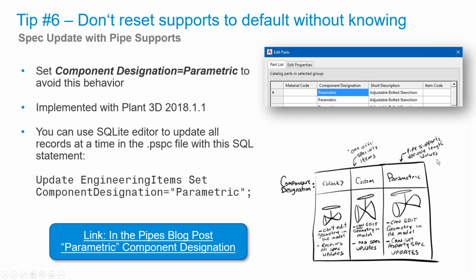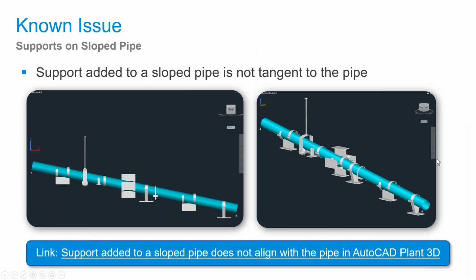And the other tip here we wanted to mention is more of a known issue. When you're adding pipe supports on a slope pipe, especially when you get up to more than several degrees, you'll see that certain supports you don't want to align graphically with the pipe. It doesn't rotate those over. That is a known issue, and it's been reported to the product team to see if they can adjust those to align a little better with the pipe as these are placed.